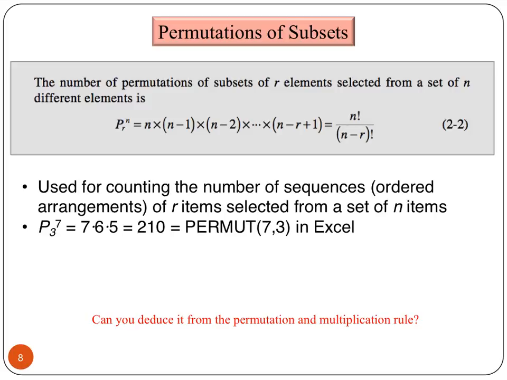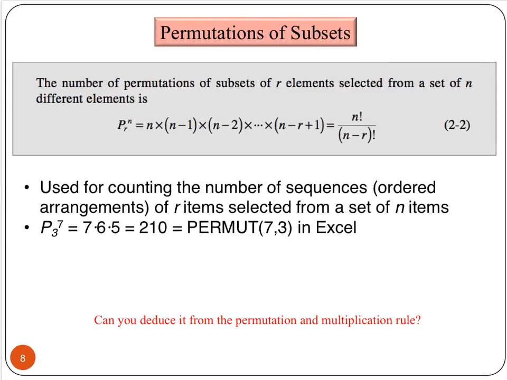Assume now that I have a set of n elements, but instead of doing the rearrangements of all the n elements together, assume, using a similar example to the previous one, I have S equal to A, B, and C, and I'm trying to find all the possible outcomes where ordering does matter to me, where I am selecting only 2 out of these 3 elements. So the total number of elements is equal to 3, while I'm trying to choose only 2 out of these 3. So what are the possible ways?